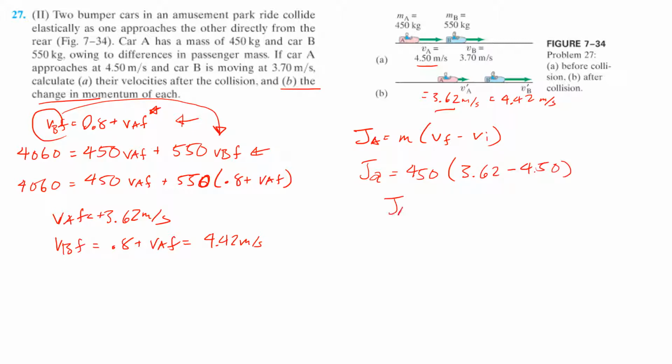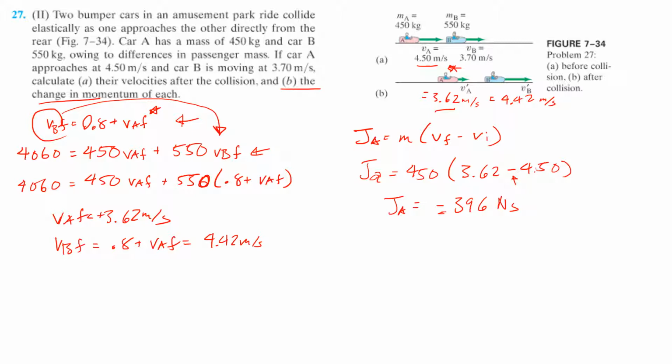So J of A, the impulse of A, is going to equal negative 396 newton seconds. Notice the negative. That means even though it did not change direction, it slowed down a little, so it lost momentum.